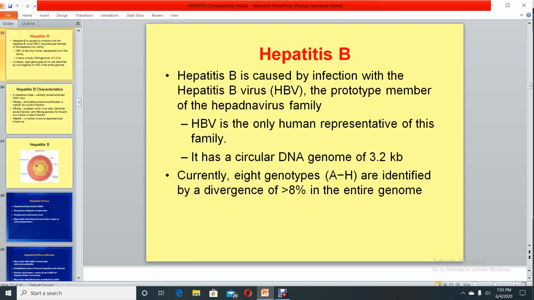Now B is the only virus which is a DNA virus. Currently, the 8 genotypes A to H are identified. This hepatitis B was discovered by an Australian scientist, not American scientists.